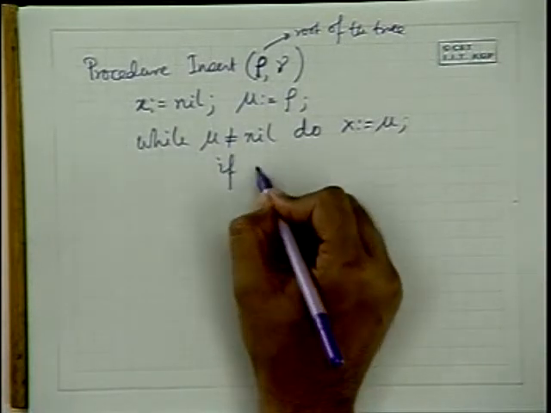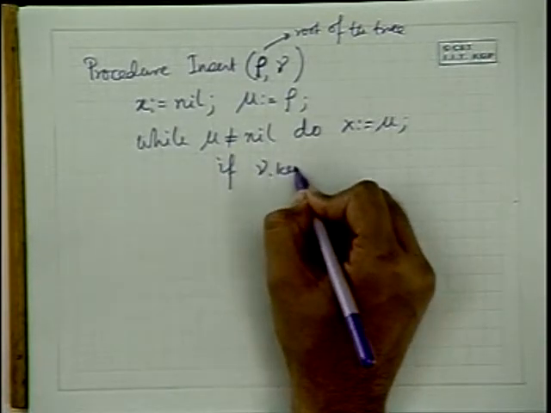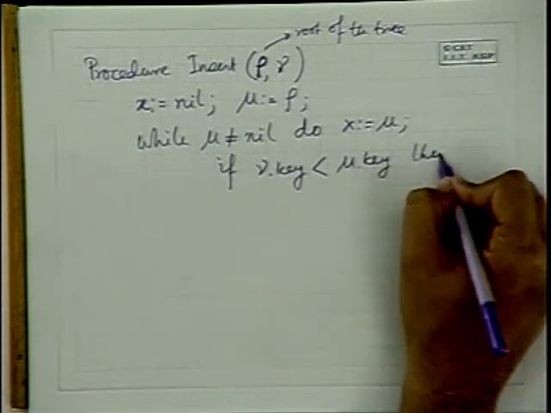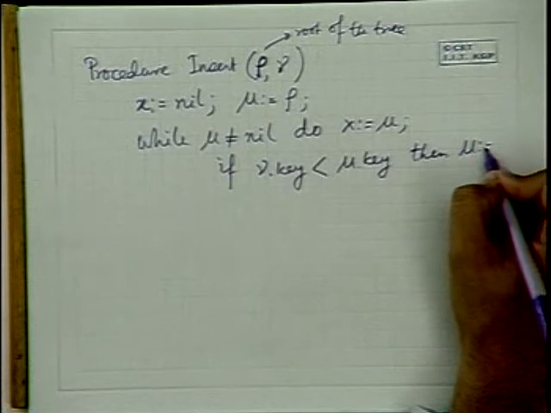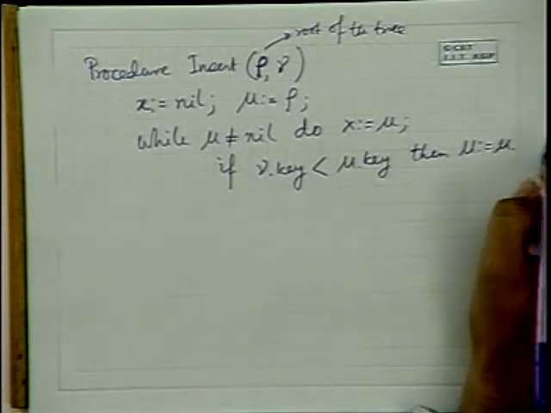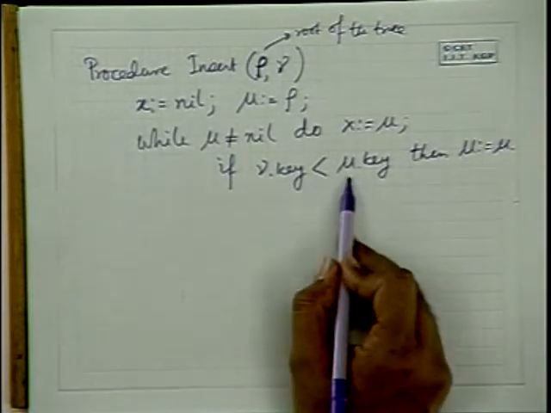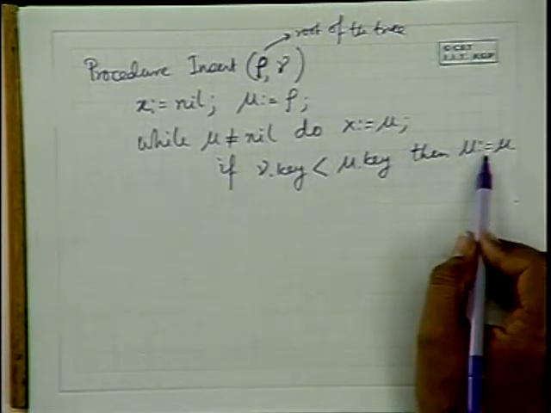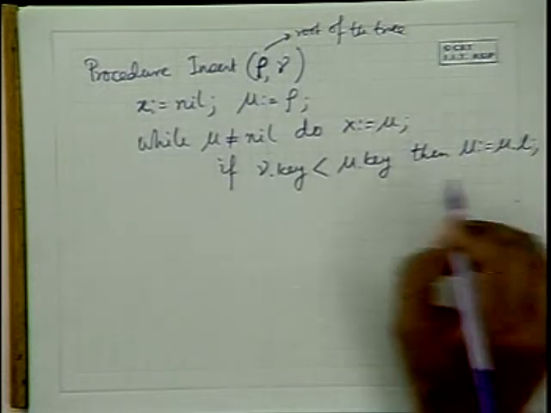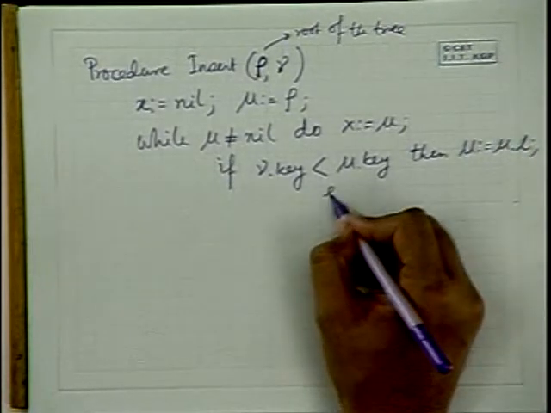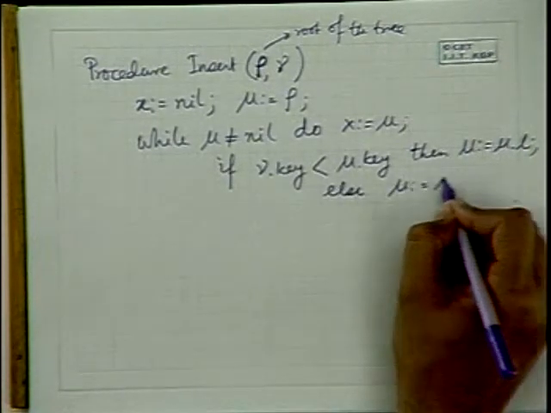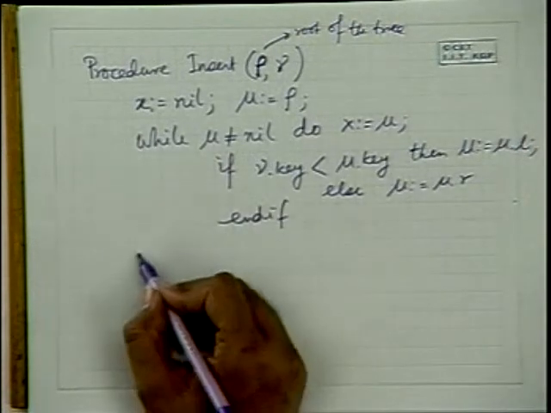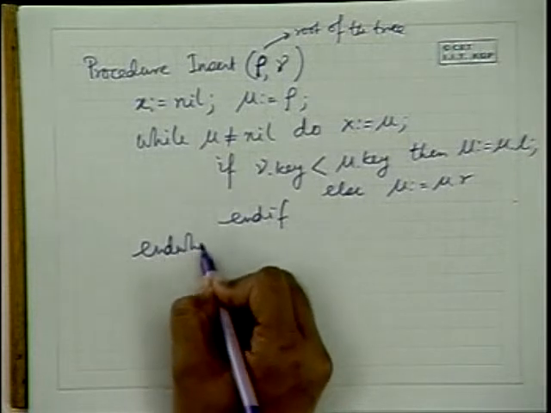If new dot key is less than mu dot key, then mu should be updated to mu dot L. Else mu is equal to mu dot R. End if. And you just end while here.